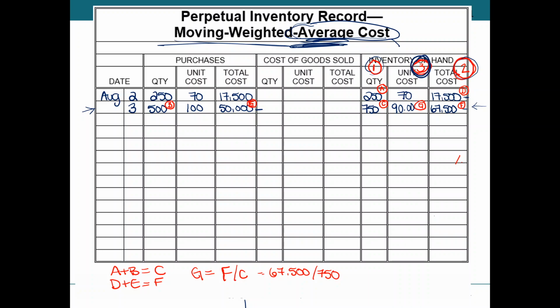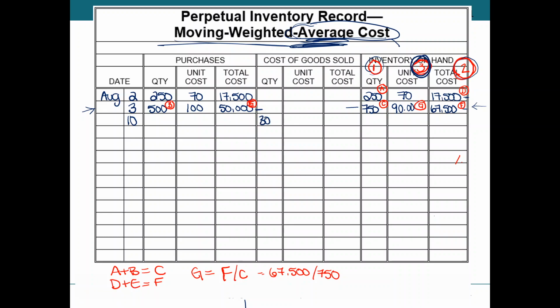Okay, the next transaction we have is on August 10th, and we have a sale of 300 units. So now you can see we only have one cost in this line. So we're only using that one cost when we have a sale.